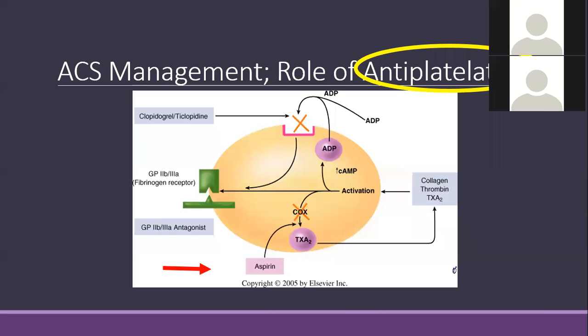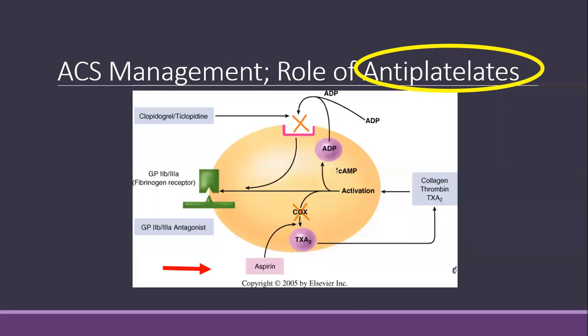sorry, then activation: the cyclic AMP and the formation of the ATP. These are the processes which involve activation of the platelets. So now platelets are blocked with the aspirin.